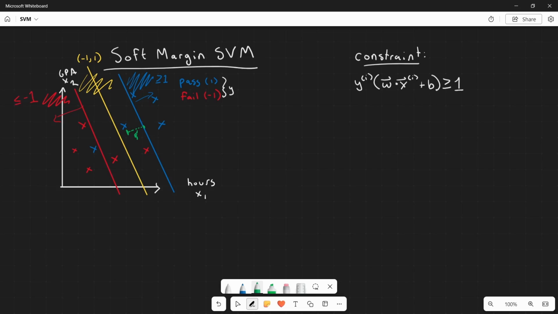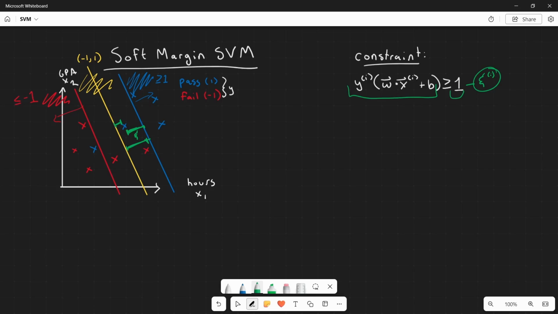And now we can add that slack variable to our constraint. So now what we're saying is, instead of ensuring that our point lies at a distance greater than 1 unit, for the current example, we're instead ensuring that our point is within 1 minus our slack variable, which again, if this is our slack variable, then 1 minus that slack variable would result in this distance right here.